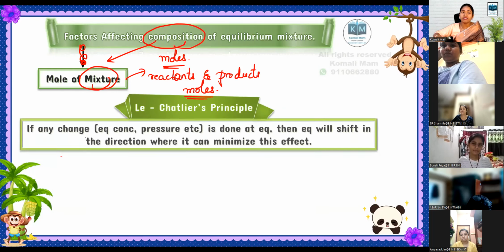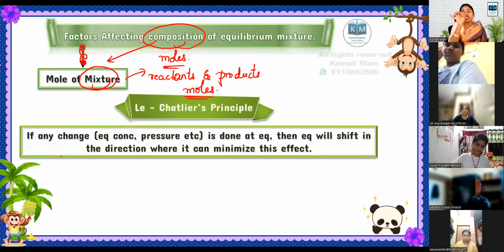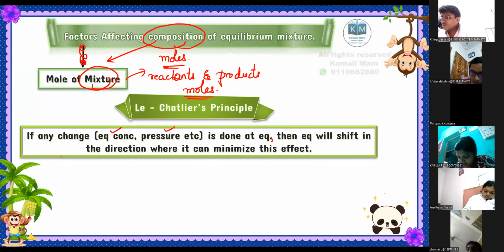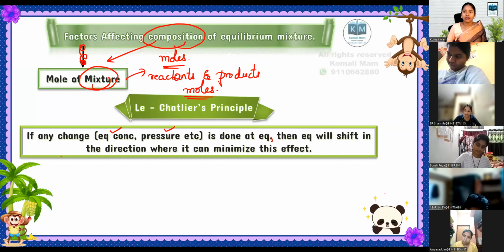Write the definition, everybody. If any change like equilibrium concentration or equilibrium pressure is made at equilibrium, then equilibrium will shift in the direction where it can minimize it. Come on, everybody, write the definition.